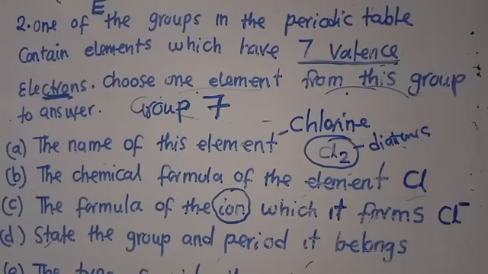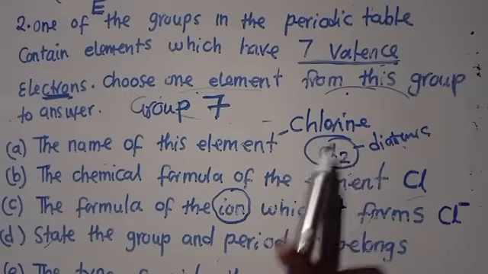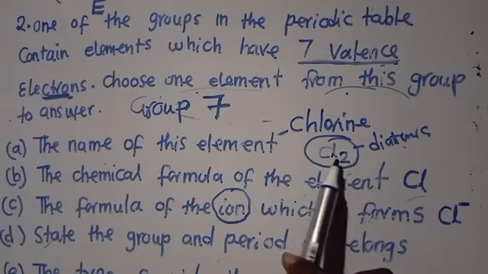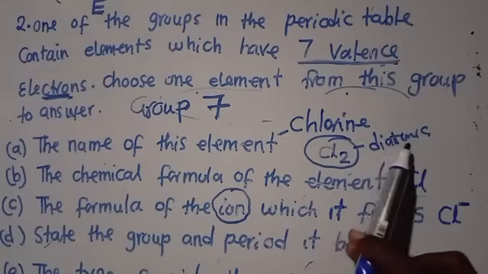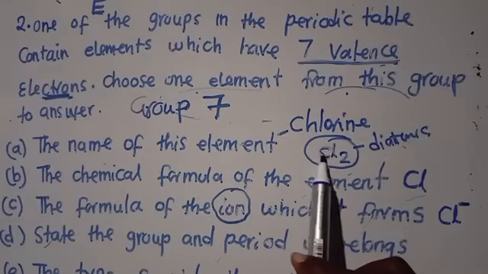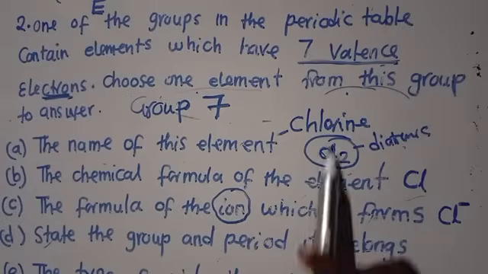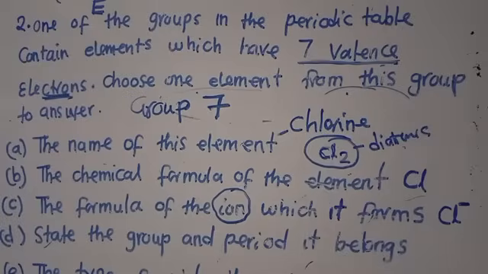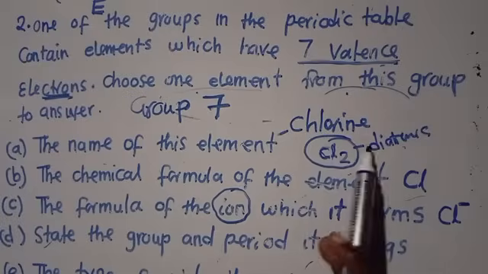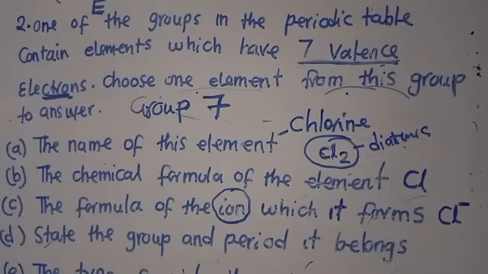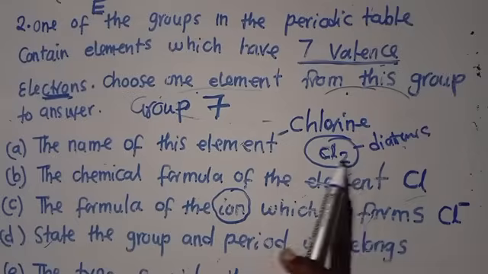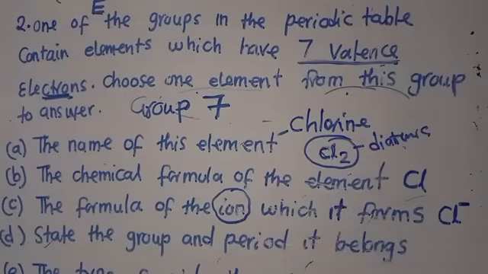Elements from group 7 are called diatomic atoms because they form two atoms in one. Just one forms two atoms. Mostly this behavior comes from group 7, which are called halogens. So halogens form diatomic atoms.